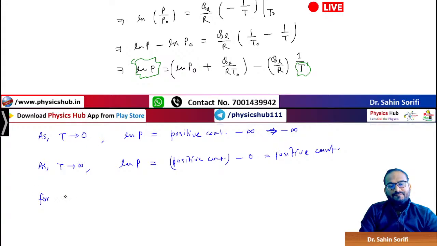If you consider 0 less than T less than infinity, in between, what is the slope of this curve, ln P versus T?